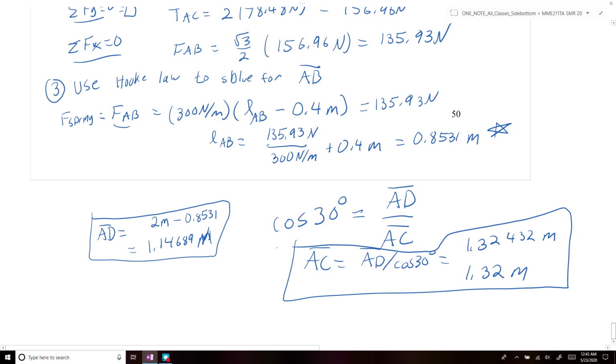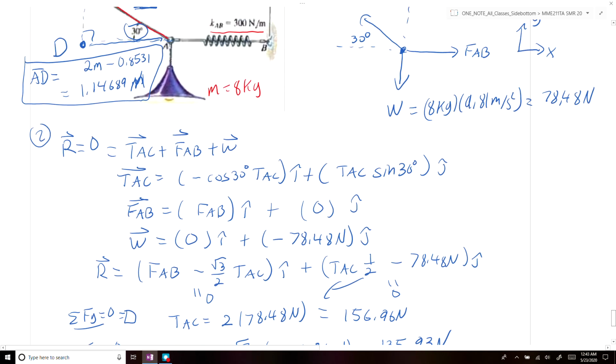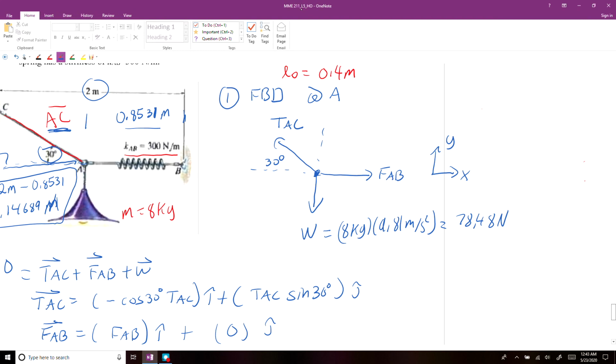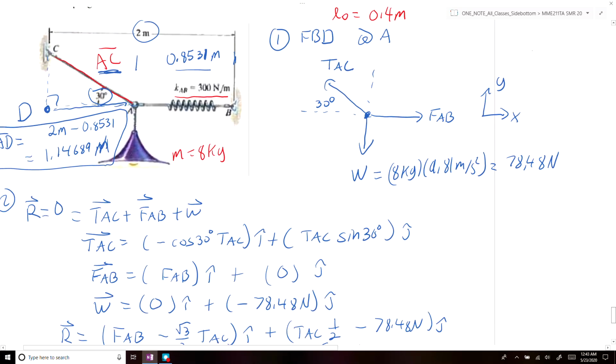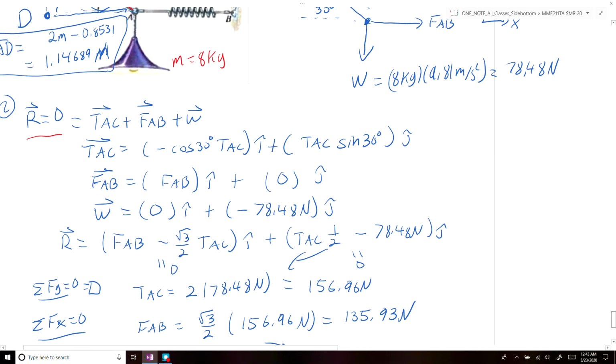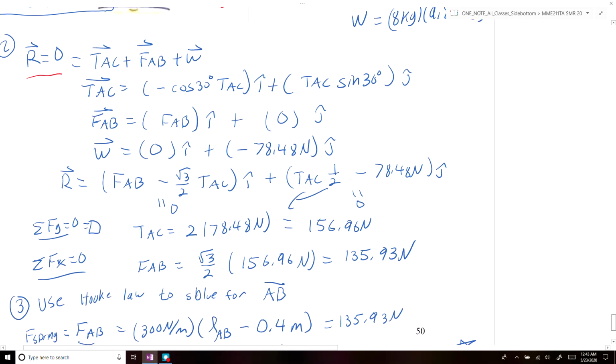So just to recap what we did in our problem, we first drew our free body diagram at point A. The second thing we did is we applied our equilibrium equation, that our resultant force had to be equal to 0. We summed up all of our forces, put them in Cartesian coordinates, and then using the x components and the y components, we solved for our unknown forces.